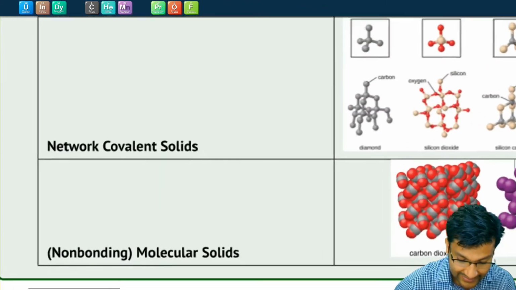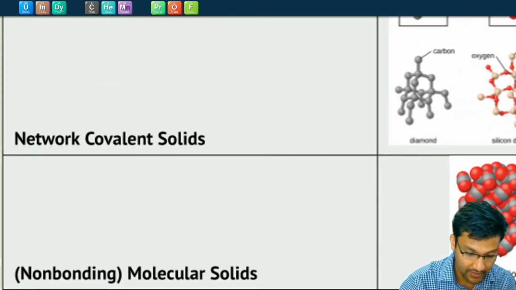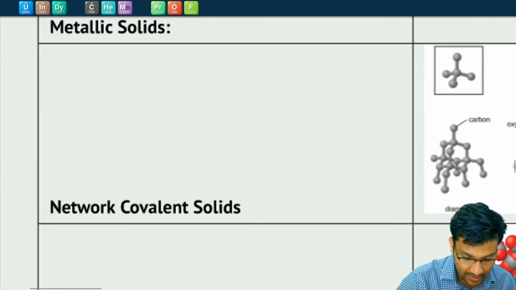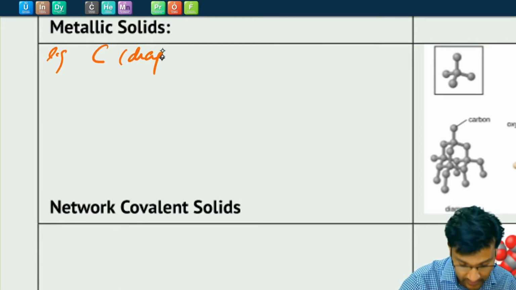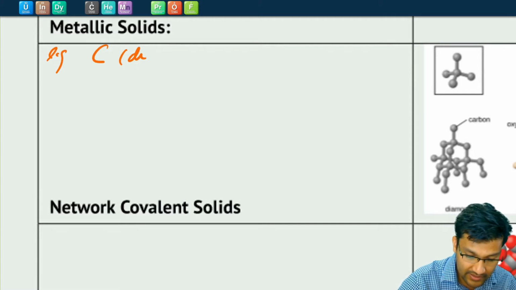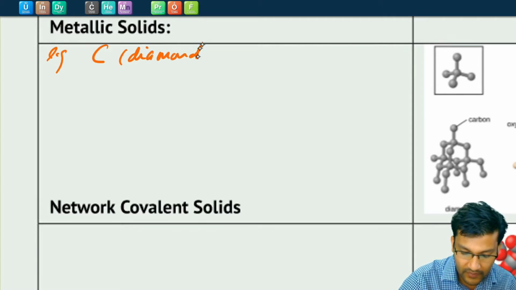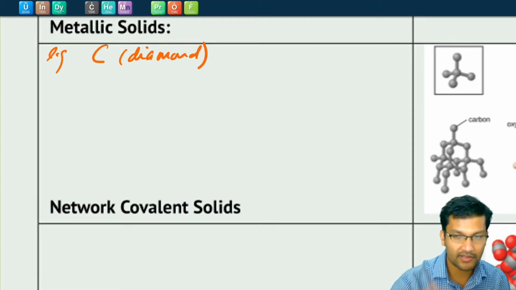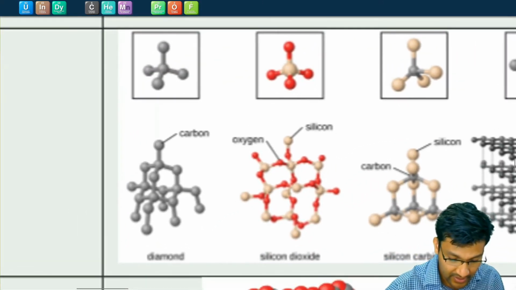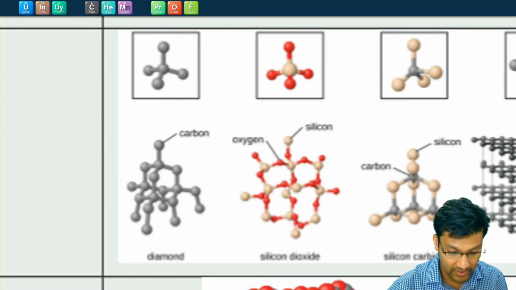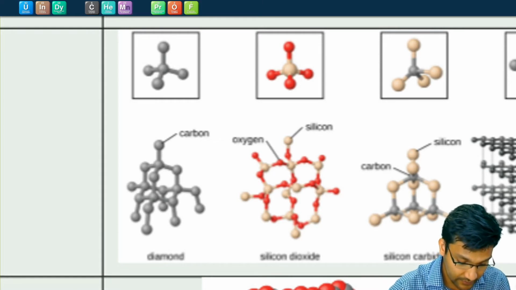All right, so let's look at network covalent solids now. An example would be carbon, for example, diamond. But what it is, is covalent compounds that sort of infinitely repeat in some regular pattern. And they give you some example here, but think of diamond as this sort of carbon bonded to 4 other carbon, and that pattern repeats.